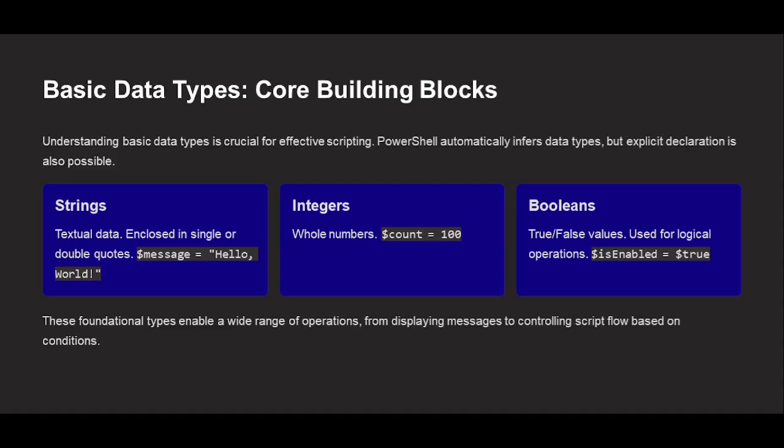If it is enabled, then it is yes. If it is not enabled, it is no. Whenever we are using such conditions, we have to use Boolean variables. We will be using these variables in our practical demonstration.